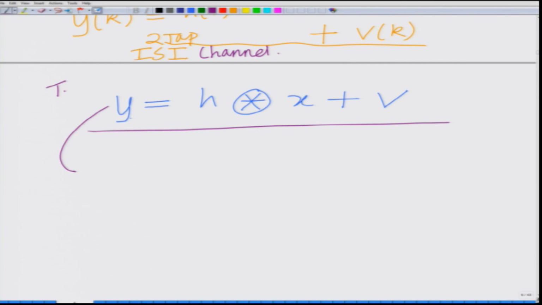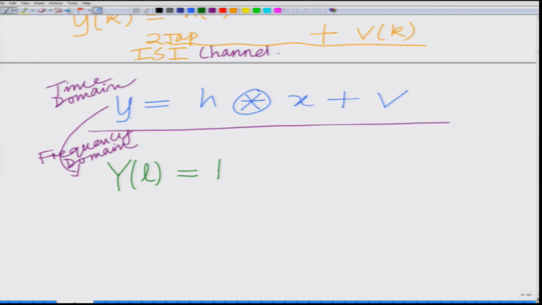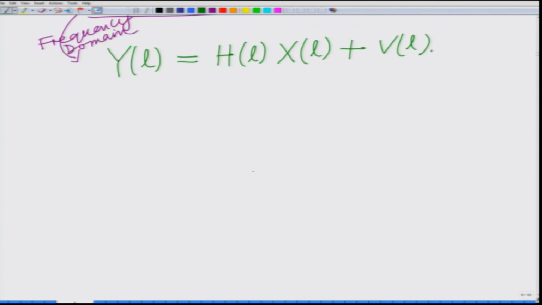So, on the top is the time domain, and on the bottom is the frequency domain, and in the frequency domain across each subcarrier, that is the fundamental equation of OFDM, YL equals HL into XL plus VL, this is across subcarrier L. What are these YLs?